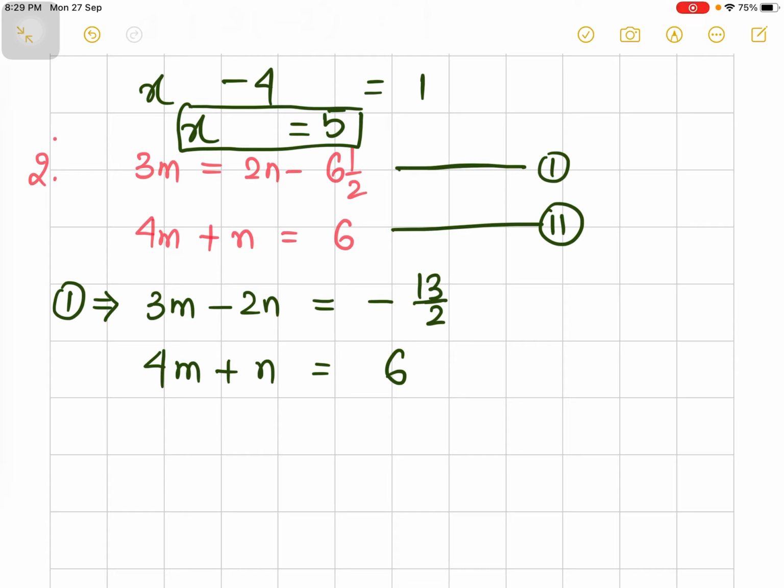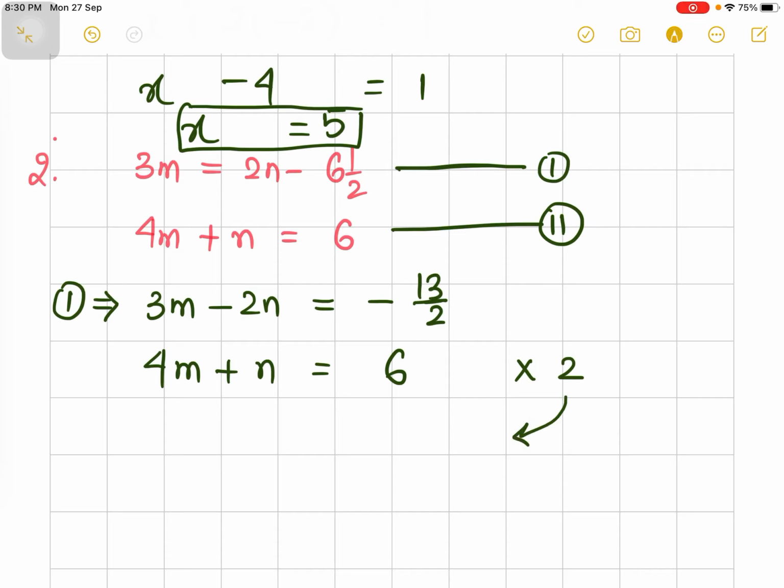In order to eliminate, it's important that the coefficient of the chosen variable should be the same. Here n has the coefficient minus 2 and in the bottom one n has the coefficient 1. Probably if we could multiply this equation by 2, all of them will get doubled up and n will have the coefficient 2.